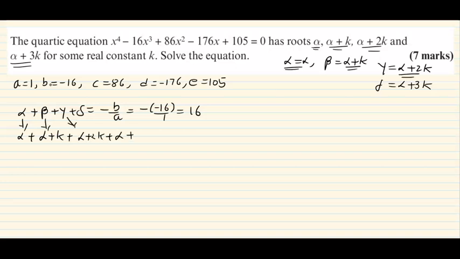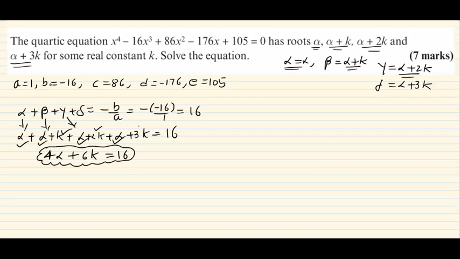And delta is alpha plus 3k, equal to 16, right? So if we add, 1, 2, 3 and 4 alpha, and how many k's? 1k plus 2k plus 3k, that is 6k equal to 16. So we got 4 alpha plus 6k equal to 16. Is that fine? Now if we divide by 2, we can say 2 alpha plus 3k equal to 8. So this is our second equation when we divide by 2.